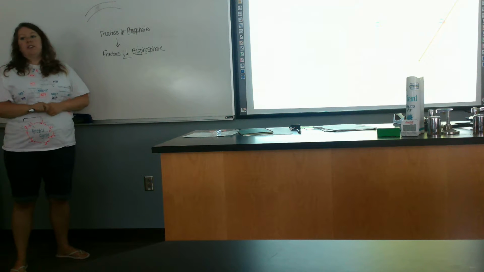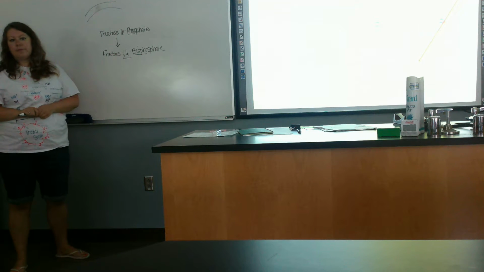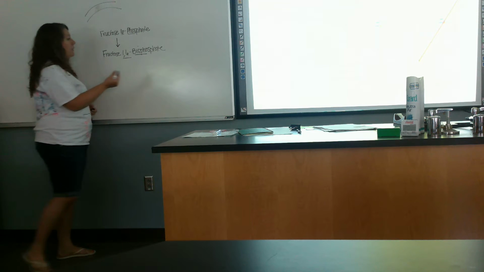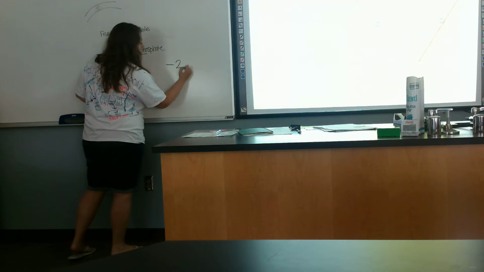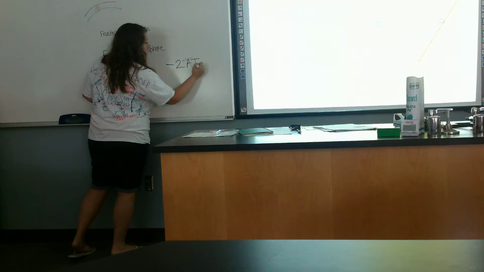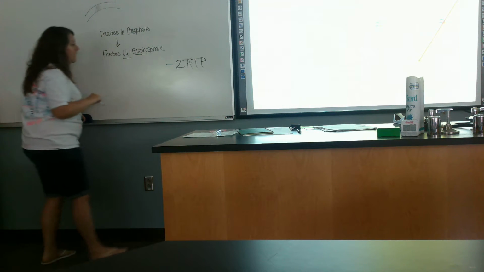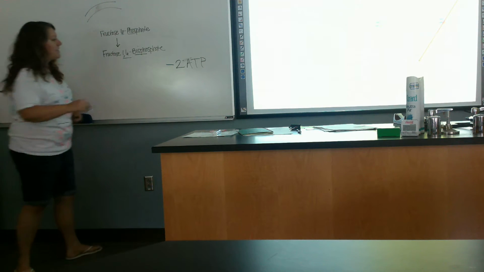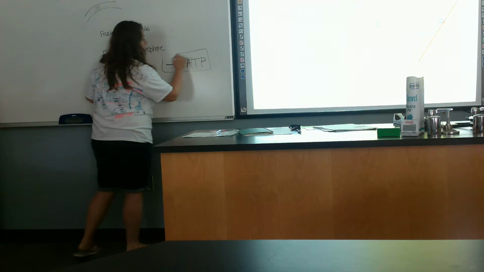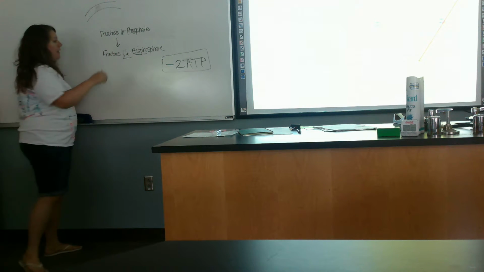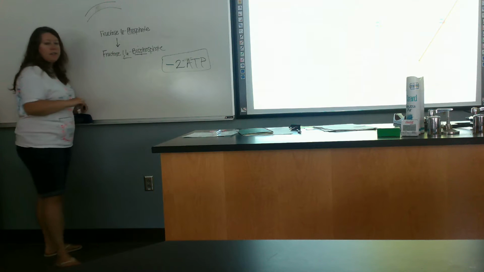Where do you think that phosphate comes from? ATP again. So now we're 2 ATP in the hole. We're still spending money to make money. We have to keep that in mind when we're looking at our little bank account here. We're at -2 right now, and this has 2 phosphate groups added to it. Okay?